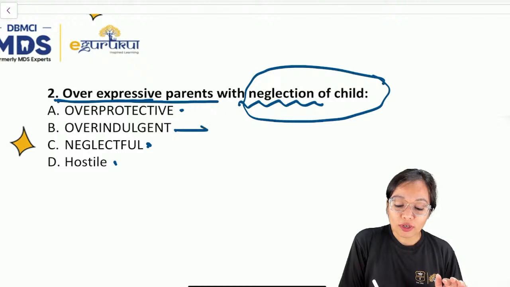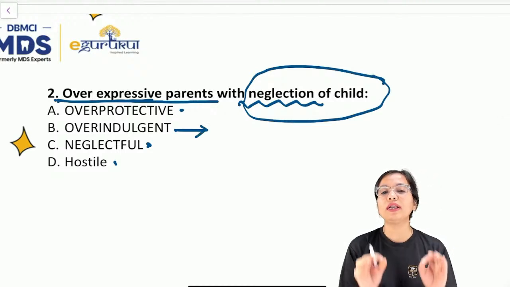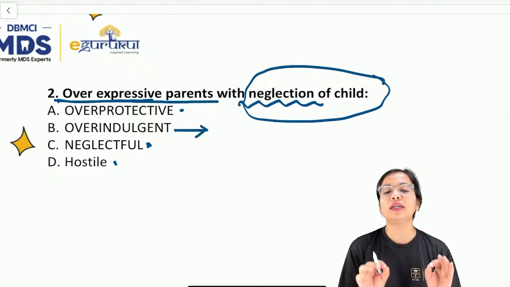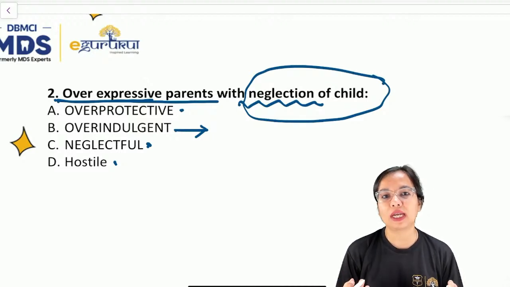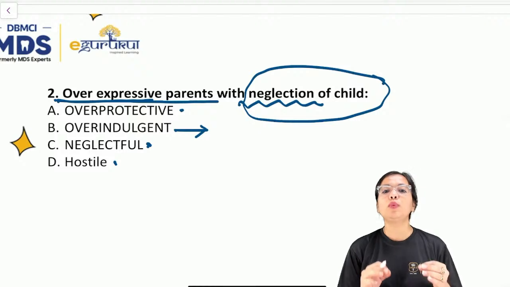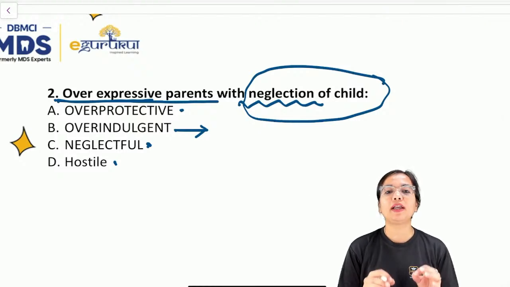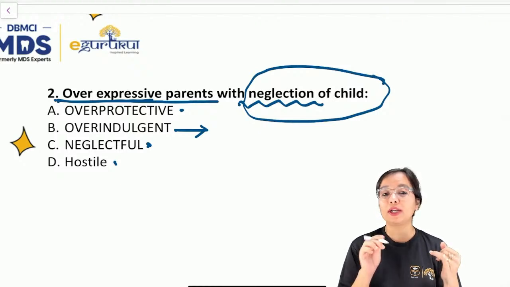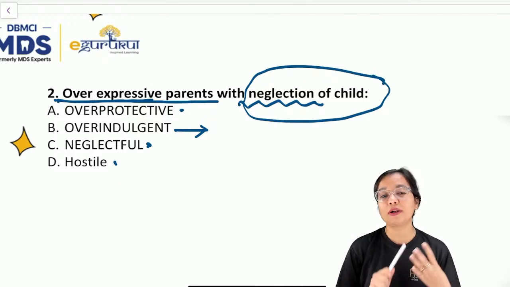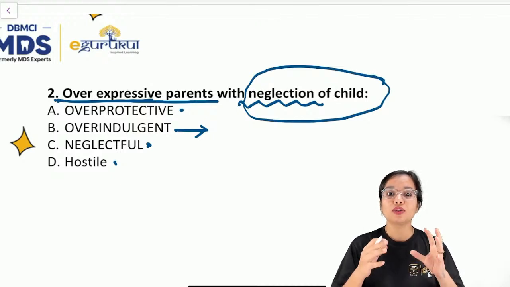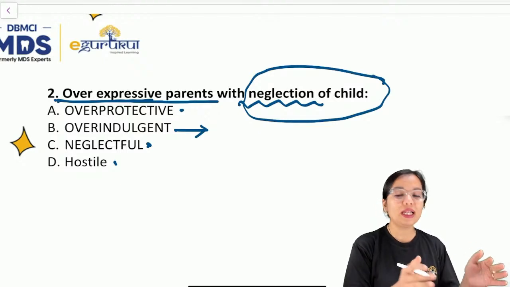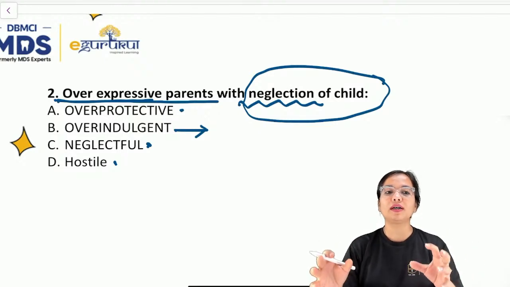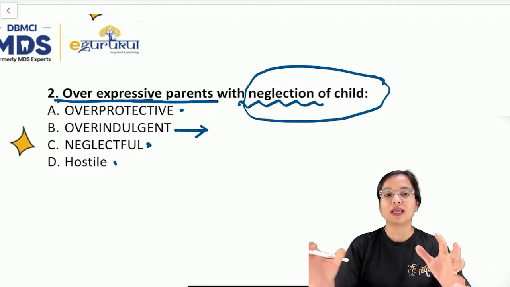When you see overindulgent, I told you an overindulgent parent is somebody who will do extra for the child. If the child wants one chocolate, the parent would say, okay, you keep quiet, I'll get you one chocolate, 2 packets of chips and one fruity also. That is overindulgent. A child requires a small cycle, the parent will get a big expensive cycle for the child.